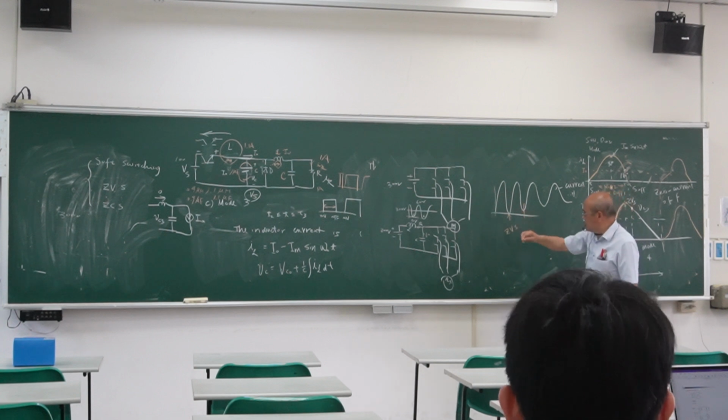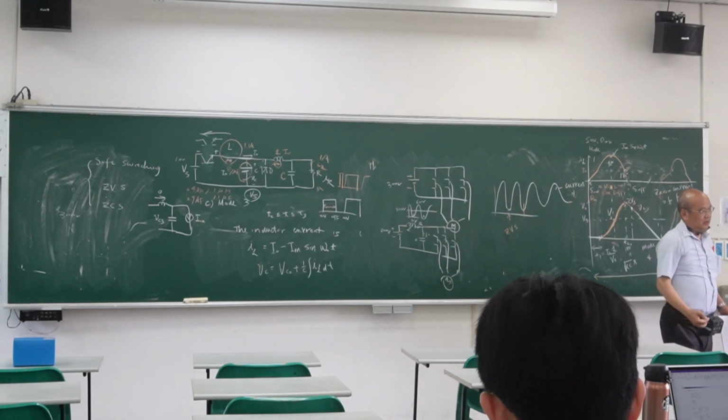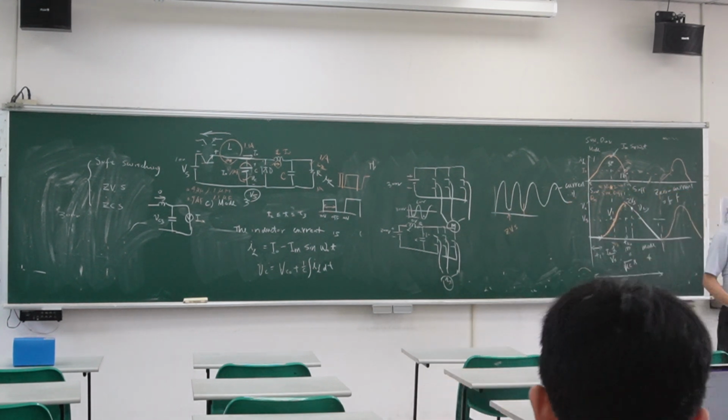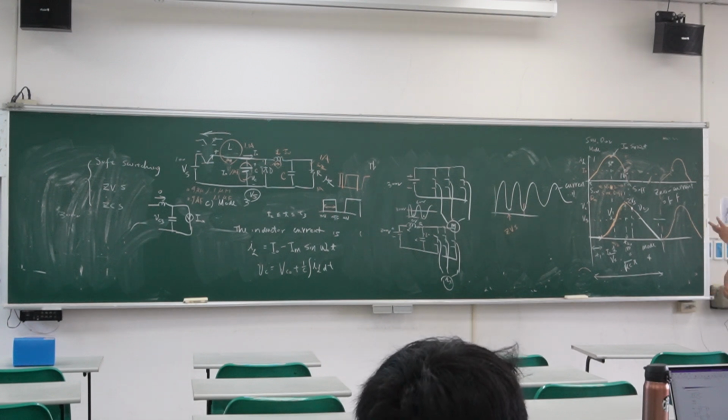Sometimes if your resistance is too huge, then you can get this waveform. Do you get 0 voltage? Never. If you do not get 0 voltage, how can you do 0 voltage switching? So impossible.